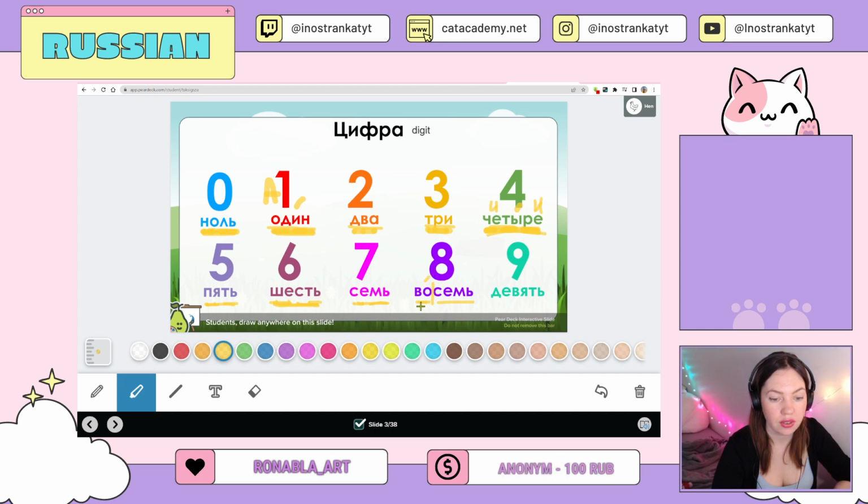So again, the stress falls on O. So instead of ye, we can pronounce, okay, this is again not a very clear E, like this. This is a clear E. Восемь, восемь.